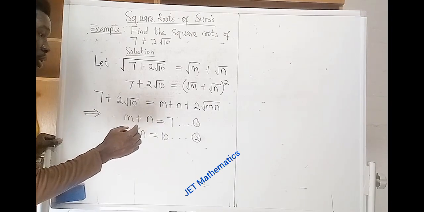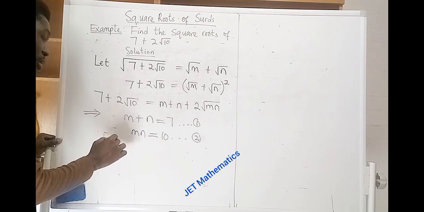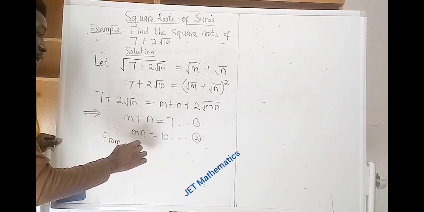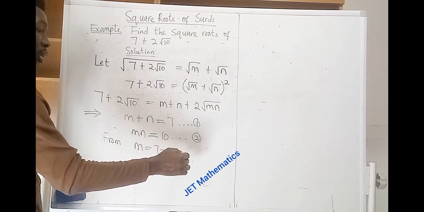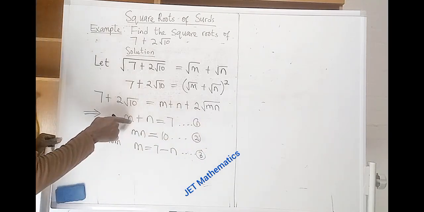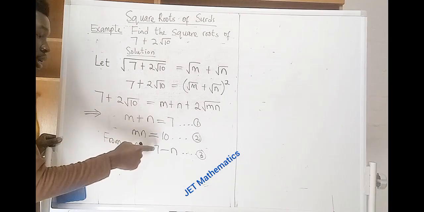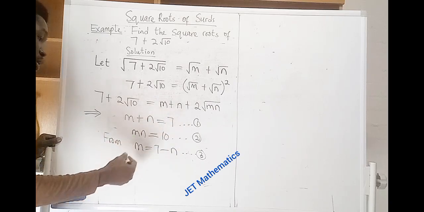From 1, we make m the subject formula, so m is equal to 7 minus n. Let's call this equation 3. Now we're going to substitute it into equation 2.